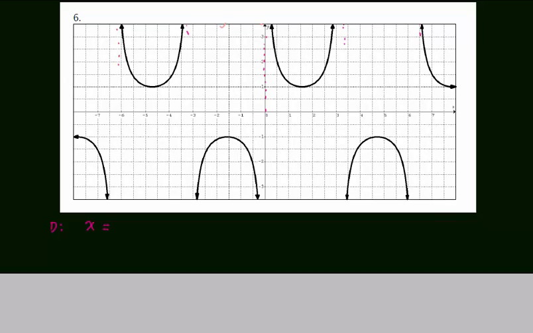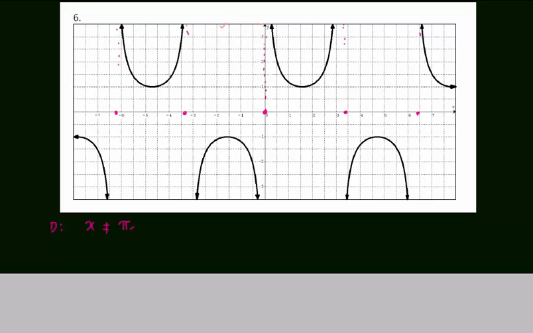So x cannot equal, well, do you know the cosecant function? Do you know the pattern? This is going to be at x equals 0. This is going to be at x equals pi, and then 2 pi, x equals negative pi, negative 2 pi. Do you know how we'll express that? Well, let's see.